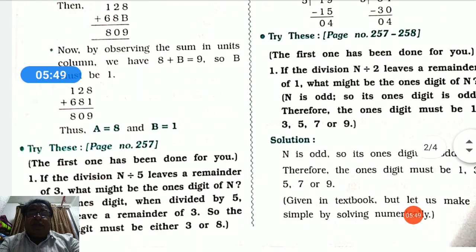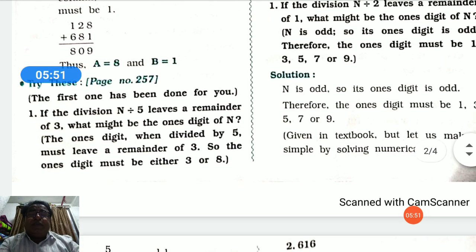Now, if the division n divided by 5 leaves a remainder of 3, what might be the ones digit of n? The ones digit when divided by 5 must leave a remainder of 3.